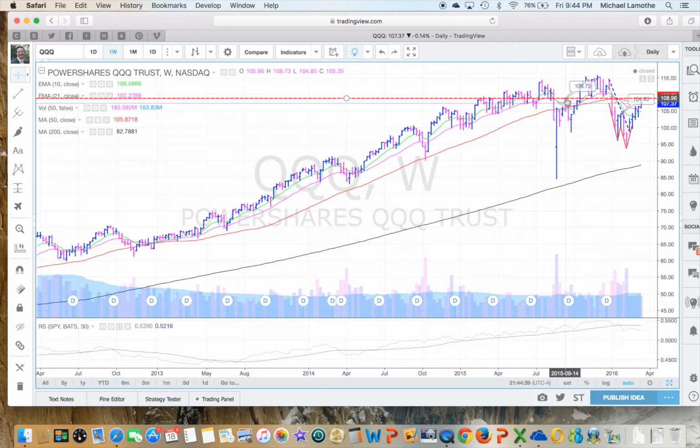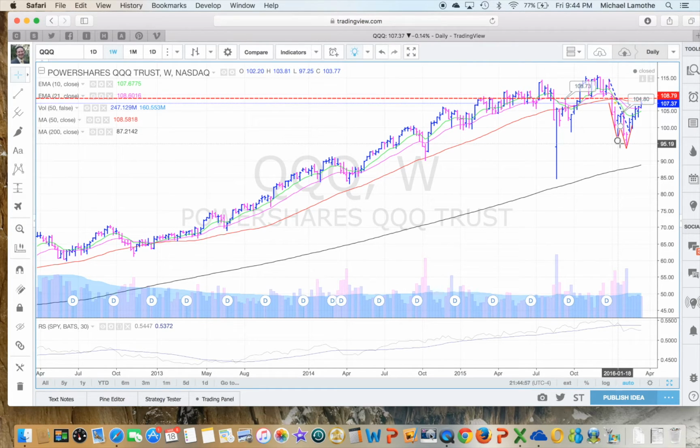We see here 108.73 was a level of resistance back in September of 2015. It finally broke above that area of resistance, and then it turned into a support level throughout November and December, and then it came crashing back down.